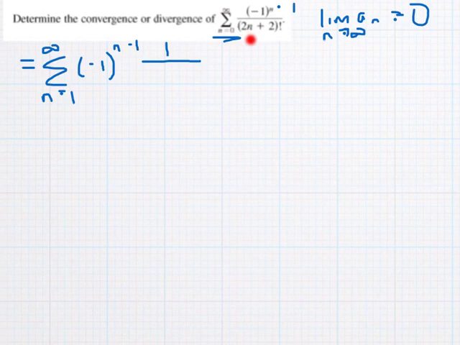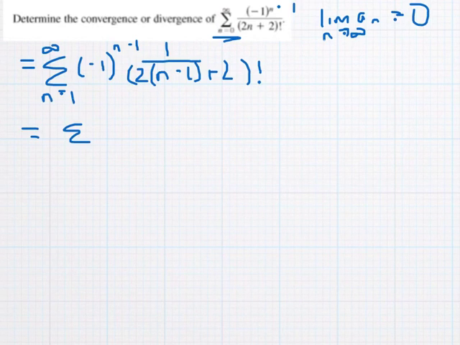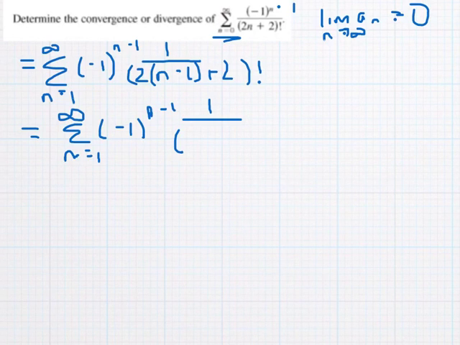Okay, so n was supposed to start out at 1, so now I'm going to need to do this. 2 times n minus 1, just like I did above, plus 2, all factorial, which equals, now think about it while I'm writing, because we don't want to write out more than we have to.